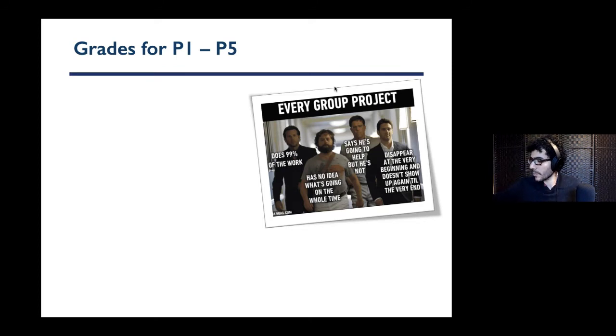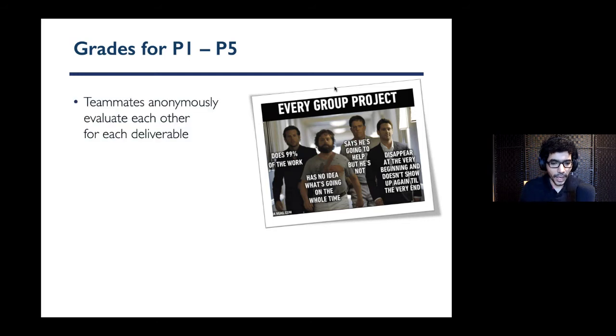Okay. Now, how do we grade you? Well, this picture tells the story. It's really true in most cases. Unfortunately, in many cases, we have an uneven distribution of contributions. We want to prevent this. How do we prevent it? We're going to let you do peer reviewing for us.